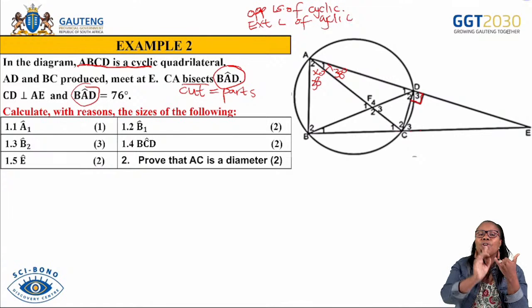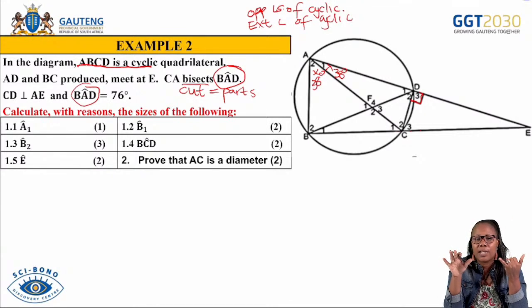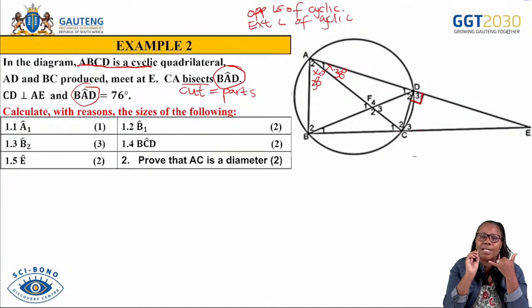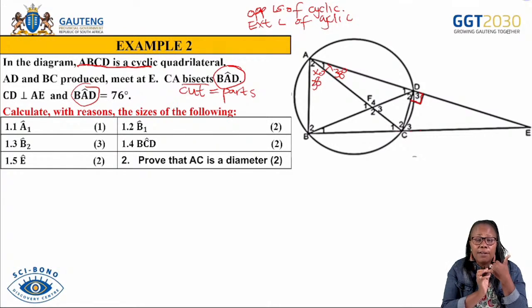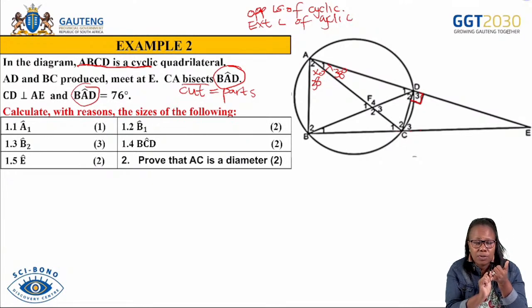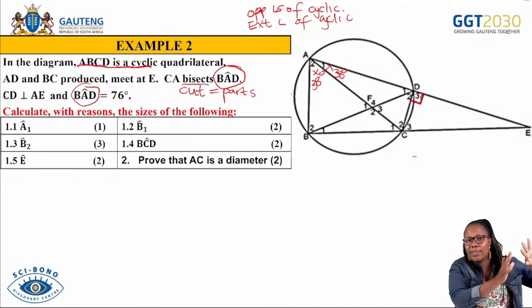No. So we don't even look at the center theorems because this diagram does not have a center. Do not assume that F is a center unless it is stated as being a center or there's a dot indicating the center. If there is none of the two, do not assume that F is a center. That is a misconception.